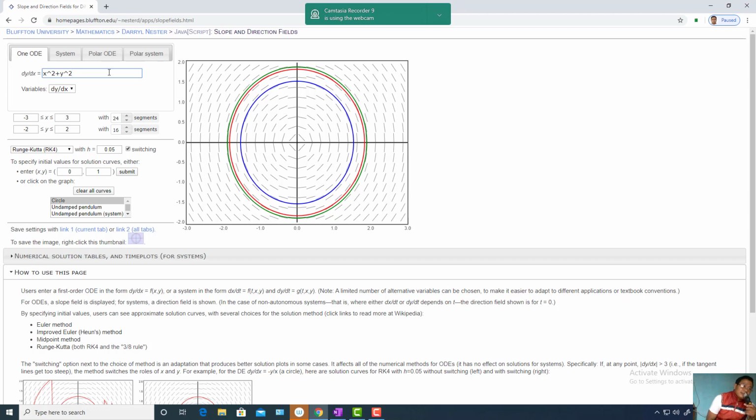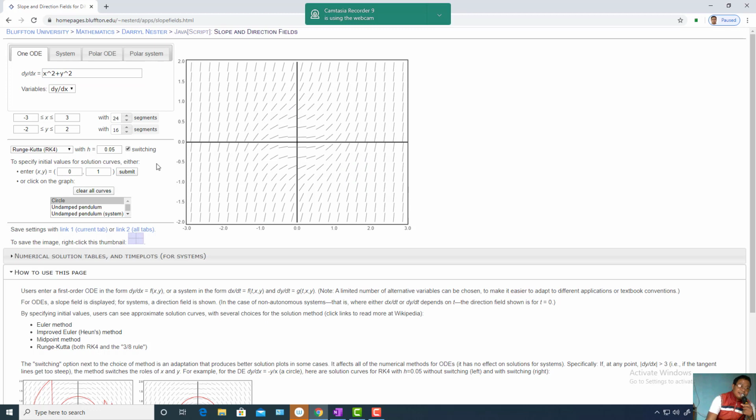So dy by dx is equal to f of x y, and here f of x y is equal to x square plus y square. This function satisfies both the existence and uniqueness conditions at each point.